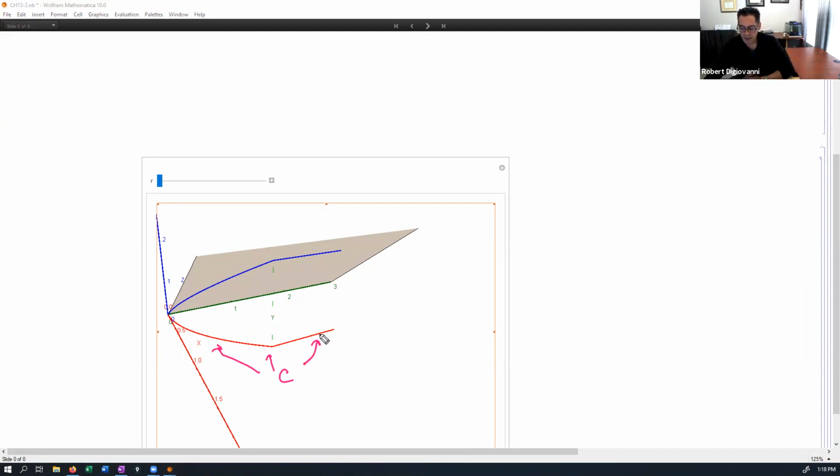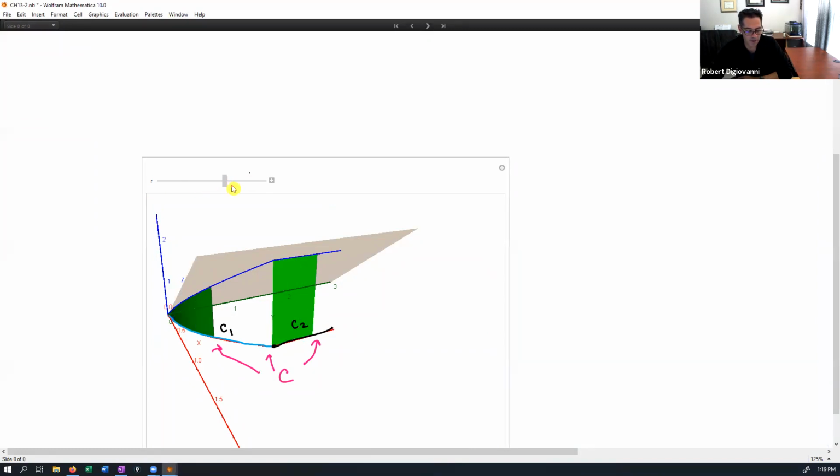But we can see that, well, hopefully you can see that that curve on the ground is actually like this curve. And if we stop here and continue on, there's another curve there. So we could call this C1 and call this C2. So the area of the curtain will be the area along both of those added up together.